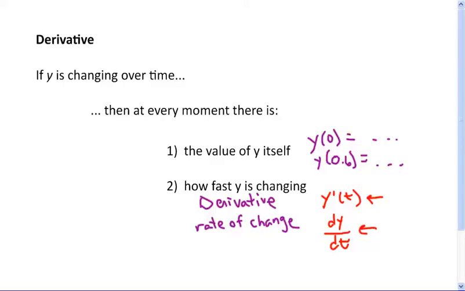How fast y is changing is itself probably changing. In really simple situations, you might have a quantity y that's changing at a constant rate. That would just be a linear formula. But in general, usually most things change at a changing rate. So the rate itself is changing. So there's a different value for the derivative at every moment.